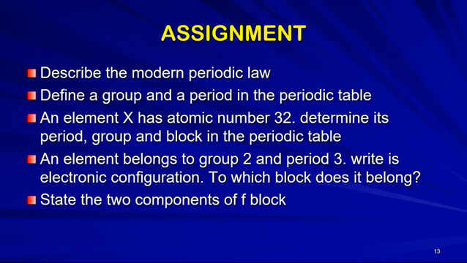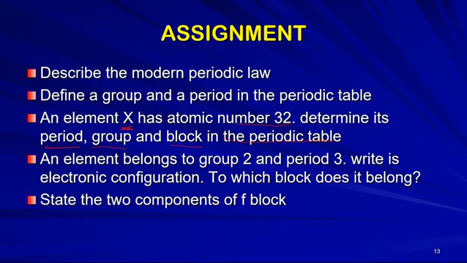Number 3, an element X has atomic number 32. Determine its period, its group, and the block in the periodic table. Number 4, an element belongs to group number 2 and period number 3.